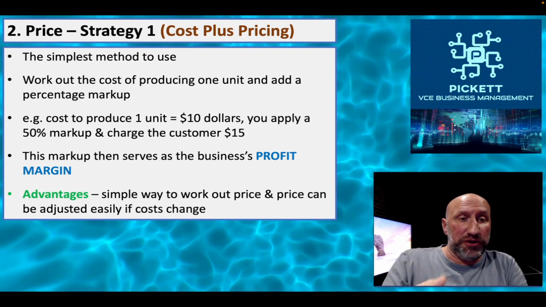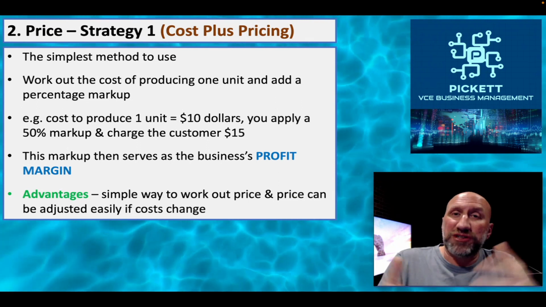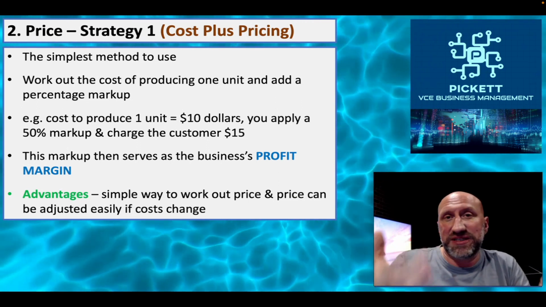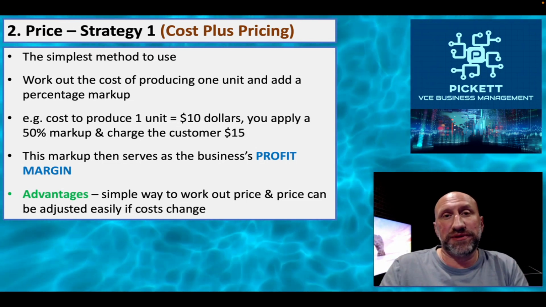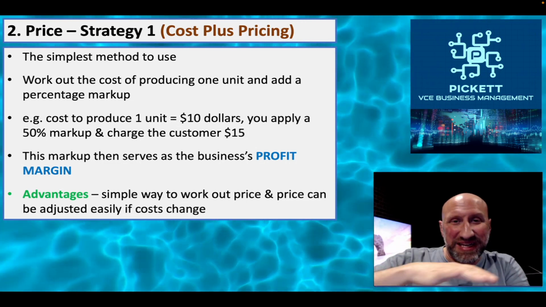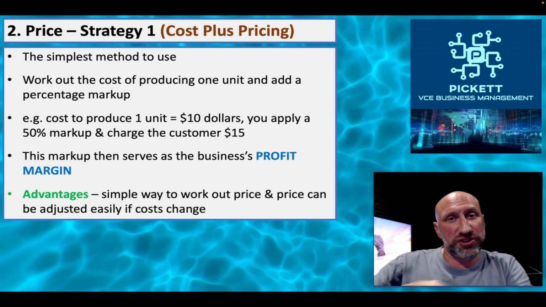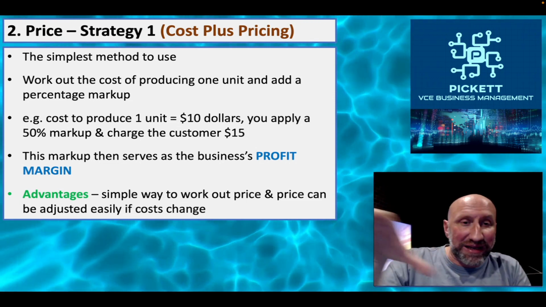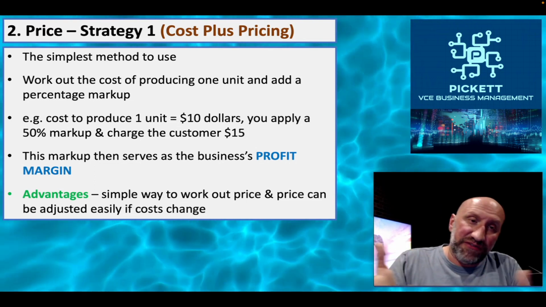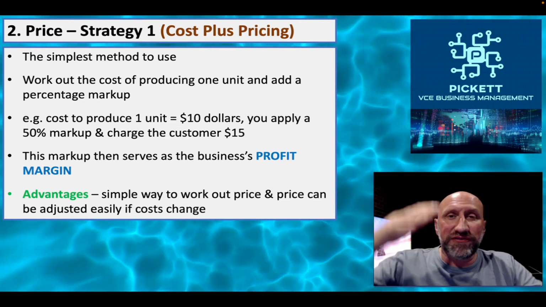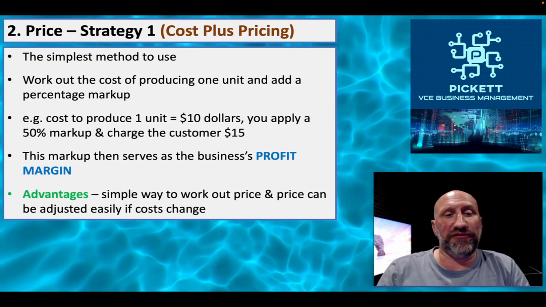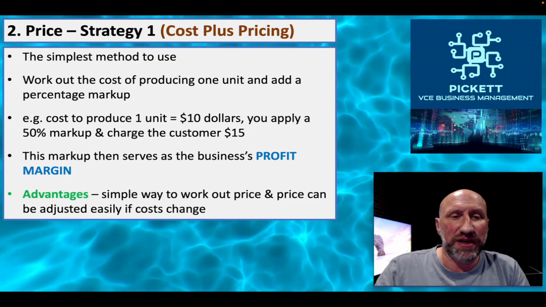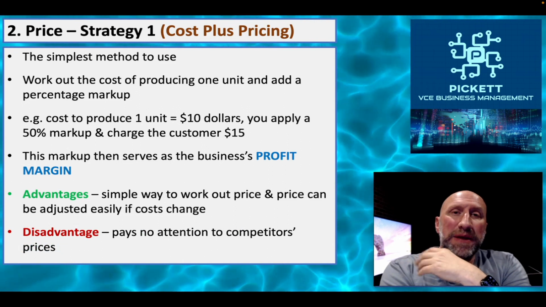So if you know that the cost of the inputs going into your products has gone up by 10%, it's very easy to just increase your prices by 10% to reflect that and maintain the same profit margin that you had before. Because if your costs are going up and you're leaving that 50% in place, obviously you're going to be getting less profit. So the advantage here is it allows you to simply change the price if your costs increase.